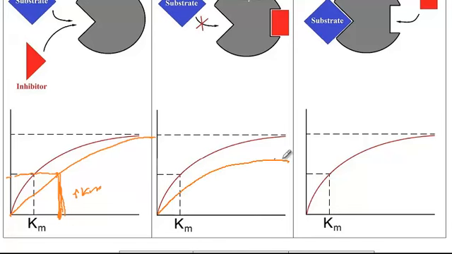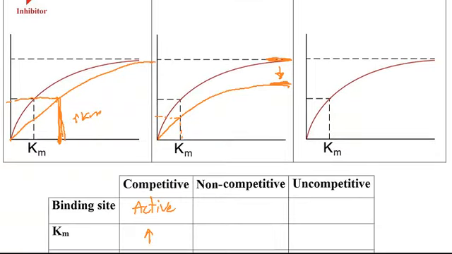All right, so the Vmax has dropped from here to there, but Km, where half of the Vmax is reached, is still at the same concentration of substrate. So for non-competitive inhibitors, they bind to the allosteric site. There won't be any change in the Km, but the Vmax would decrease.